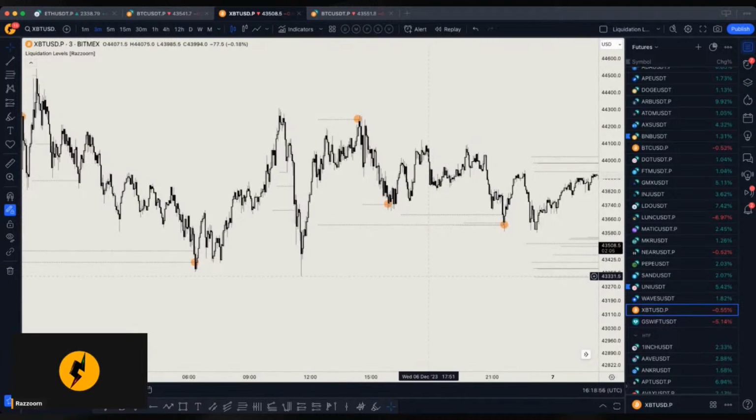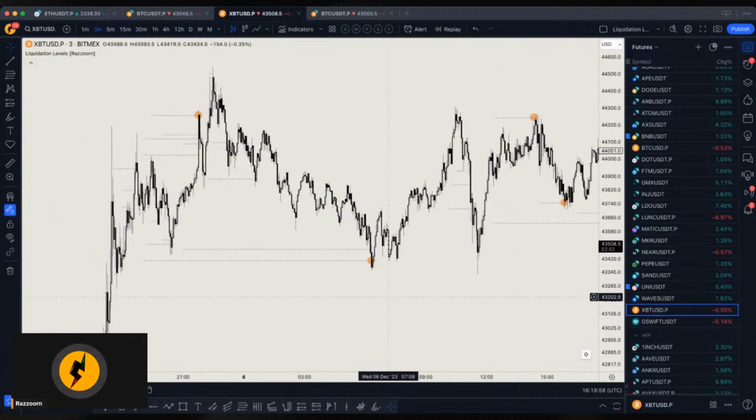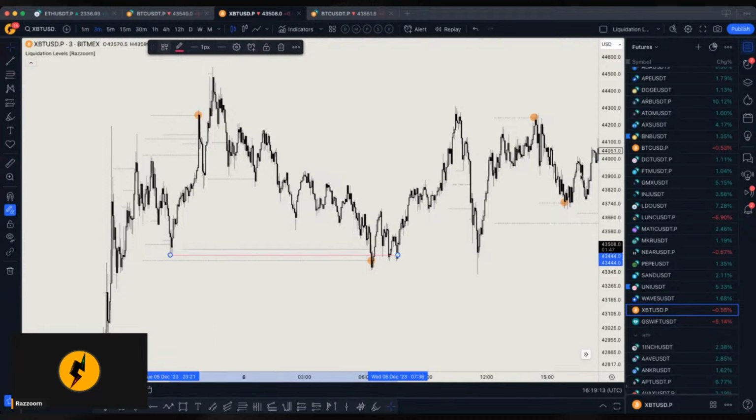One thing I really like to use this tool for is when I'm watching a low and looking for a swing failure. This is going to be a swing failure pattern, right?